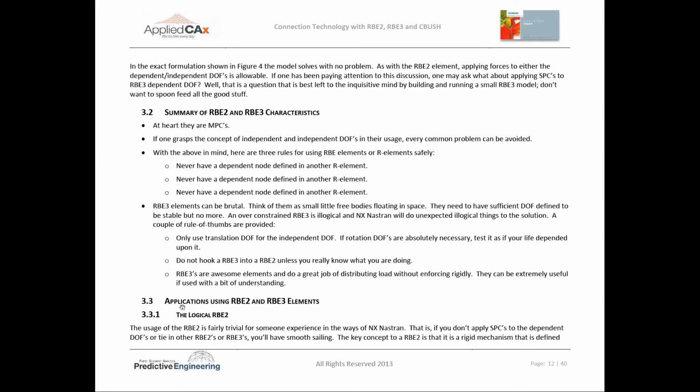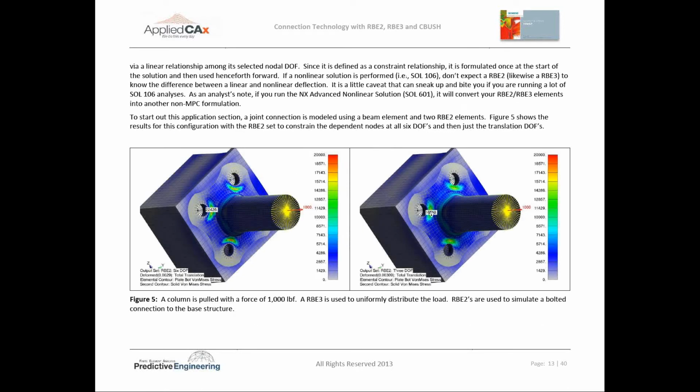I want to go a little bit into applications here. And this is really the classic. People are using them for bolted connections. And maybe one day it'll all be contact and all solid models and so on and so forth, but it'll be a while because it just adds so much computational overhead, and also you got to debug everything. And as you add complexity to a model, you introduce problems. You can introduce other problems because you miss checking stuff.